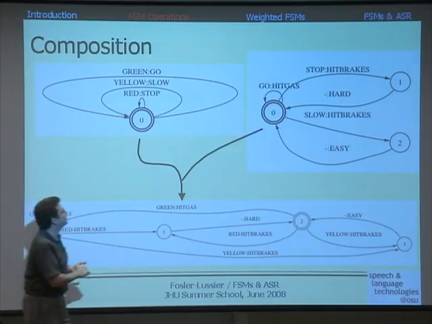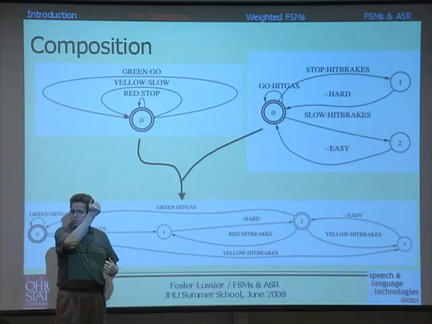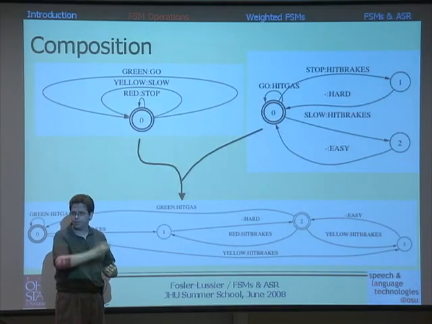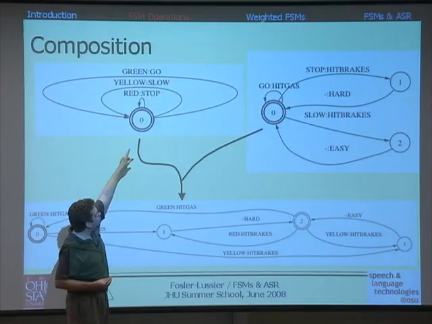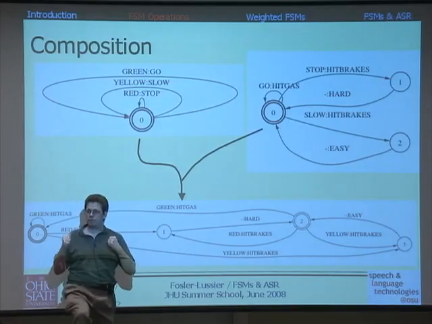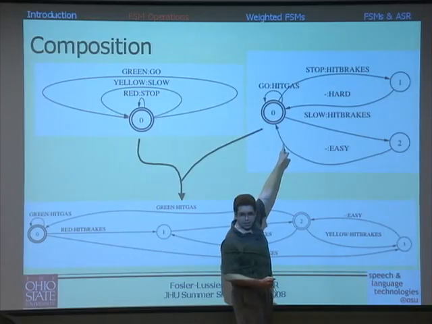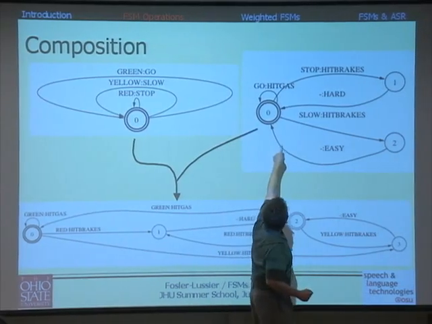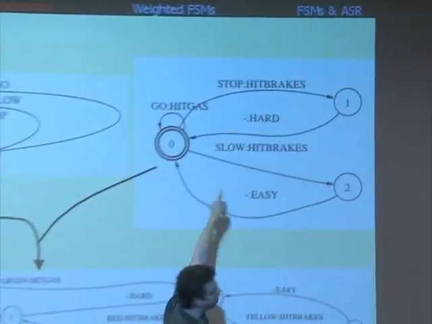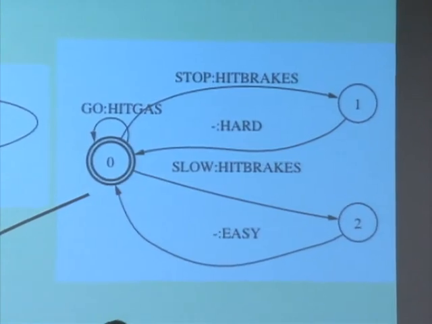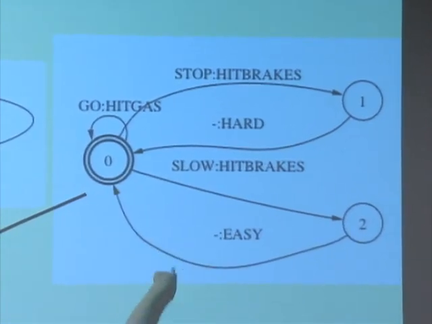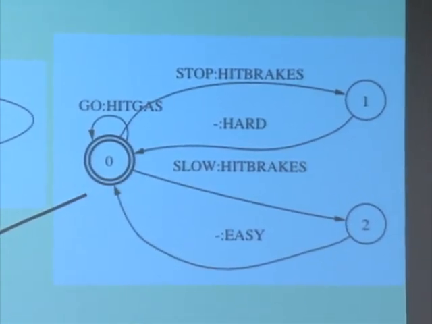I might have these percepts coming in, which are red, green. I'm looking at the traffic light, that's my percept. That's the action I want to do. How do I make my motor control do that? Well, if I want to go, I hit the gas, right? If I want to stop, I'm going to hit the brakes hard. If I go slow, I'm going to hit the brakes easy, right?